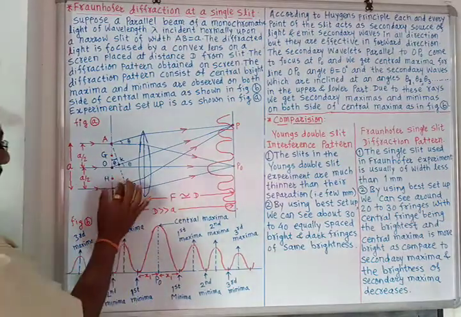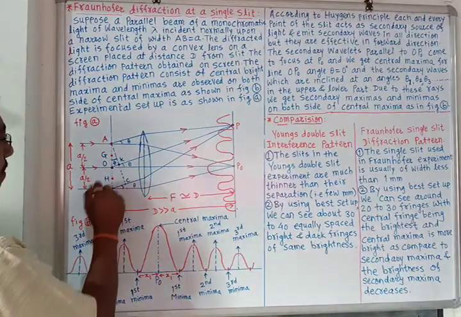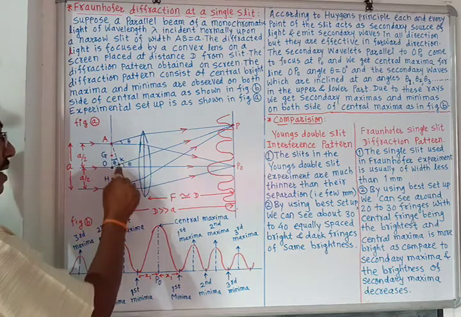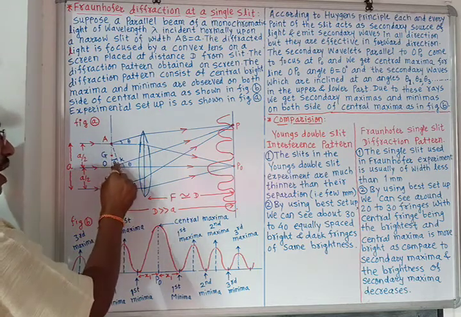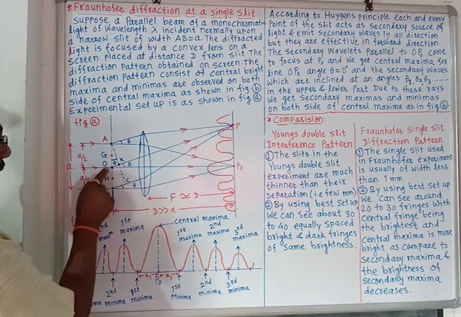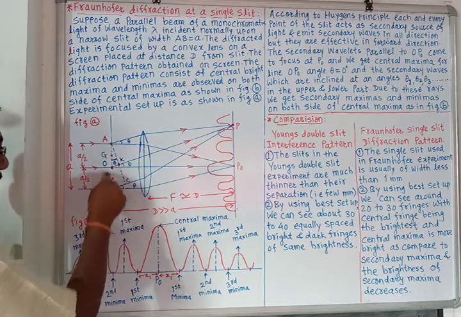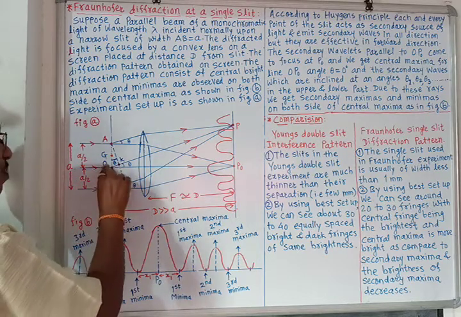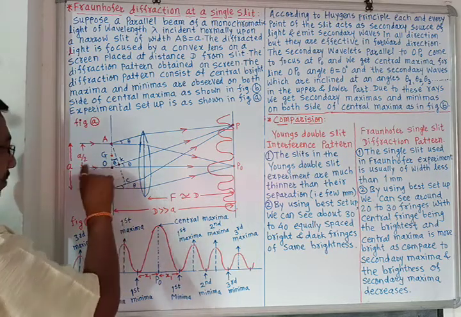Here the path difference is BC. This angle is what? AC? K is the midpoint of AC and O is the midpoint of AB. Here G and H are the midpoints of these again.